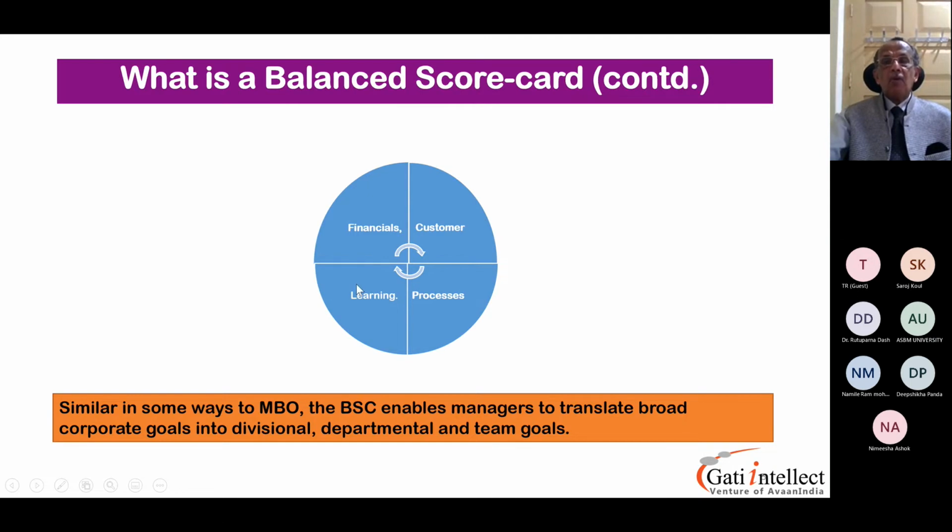So there are 4 quadrants to the balance scorecard: customer, process, learning, and financial. Now, it is said that if you entrust an organization to finance people to run it, they will run it. But their focus is only on finance. They know only to get the return on investment or return on assets.